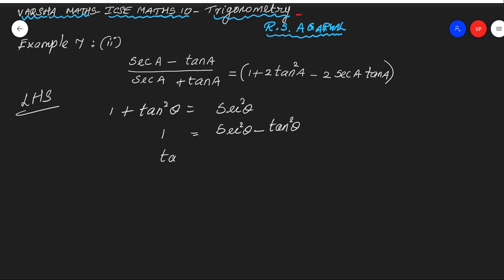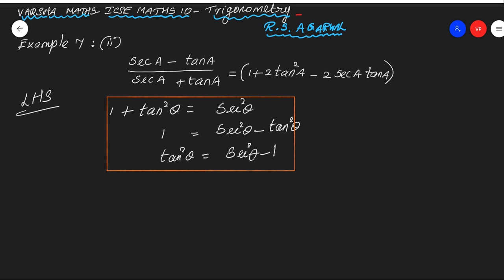And keep this tan square here itself, we have secant square theta minus 1. We should know these three things clearly, then we can do the problem very easily. This identity is very important.